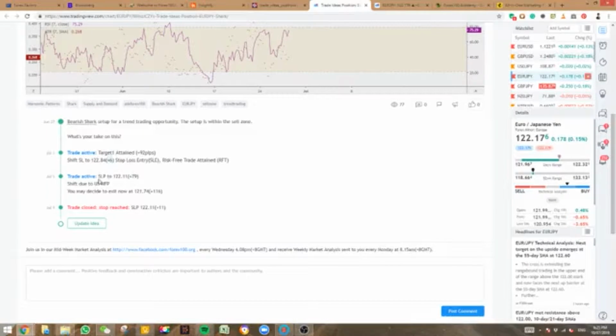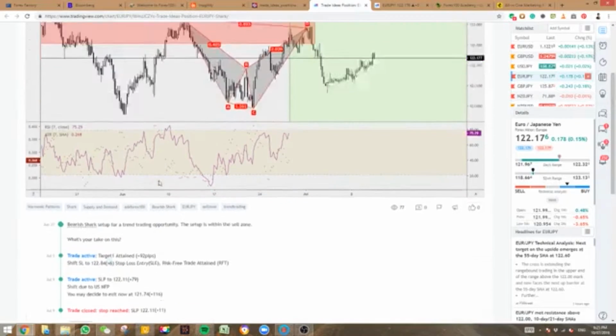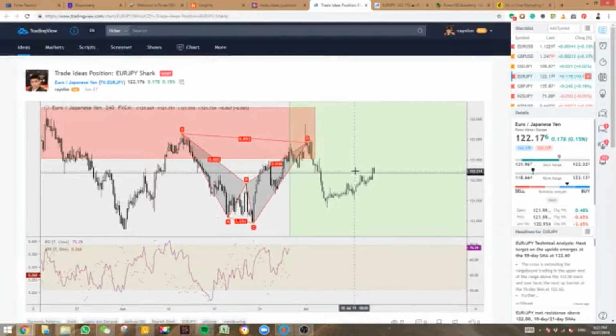Then I shift the stop loss to profit at 122.11, which is somewhere over here. While market have this pop up over here due to the pre-non-farm payroll movement, so I shifted the stop loss and lock it over here. My thoughts at the time is that market came down. This is the zone.